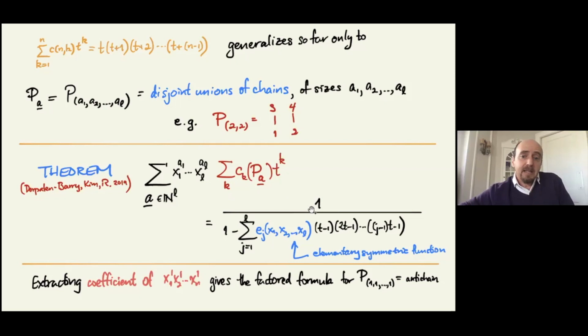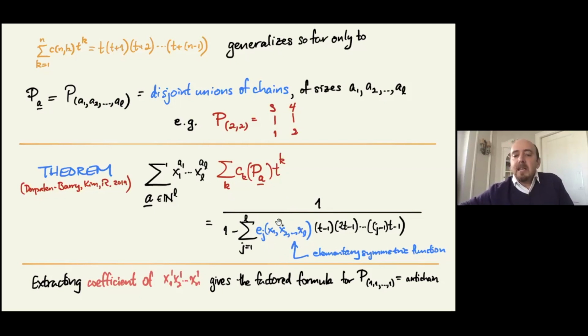And then I claim it has this nice rational function expression that's 1 over 1 minus a sum in which you have something that looks similar to the factored product formula that we began with, and then some elementary symmetric functions in the x1 through xl in front.